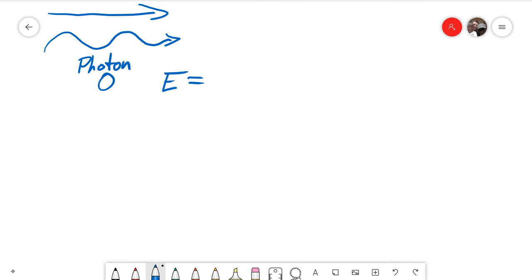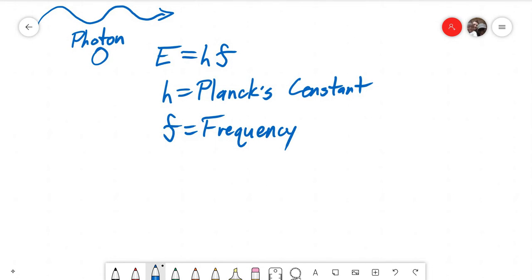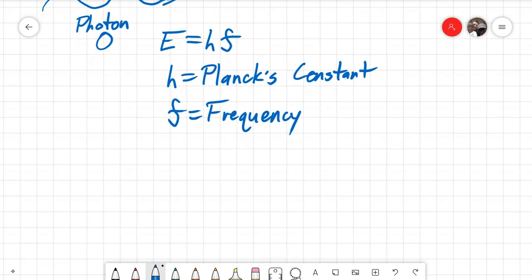So the energy of a given photon we can say is equal to hf, where h is equal to Planck's constant, and this f represents the frequency of our light. So using the frequency, we can determine the energy in a given photon.